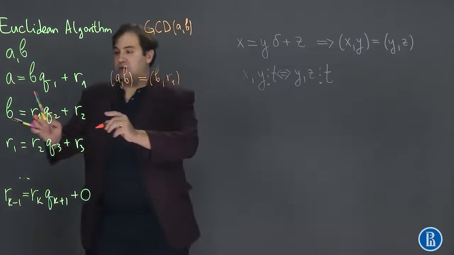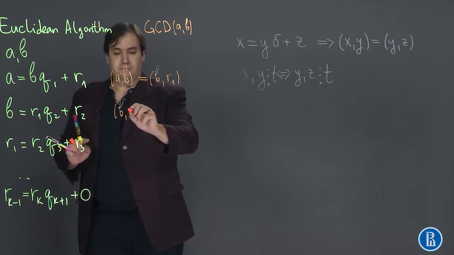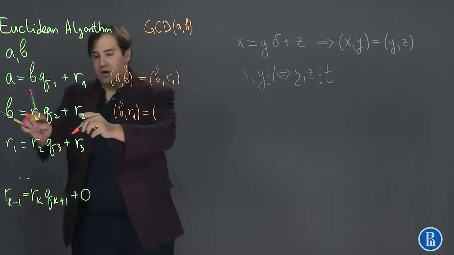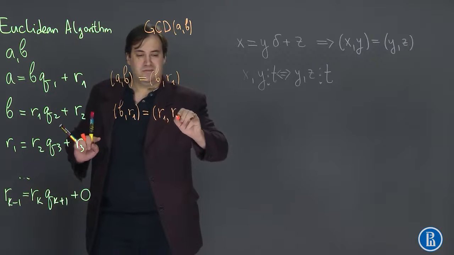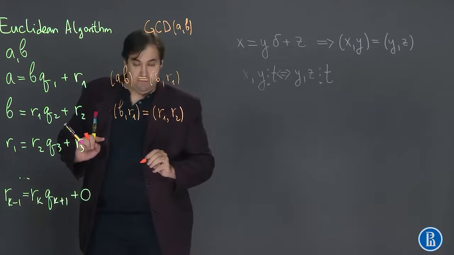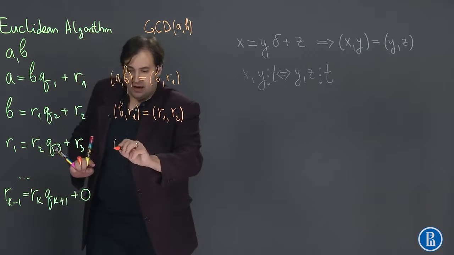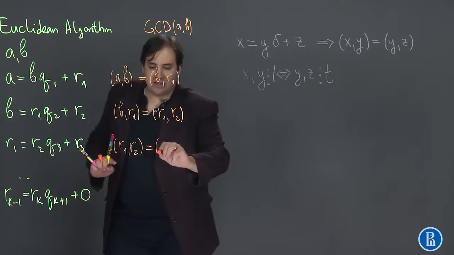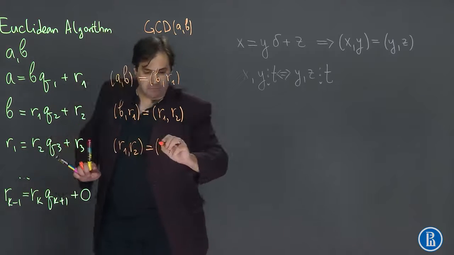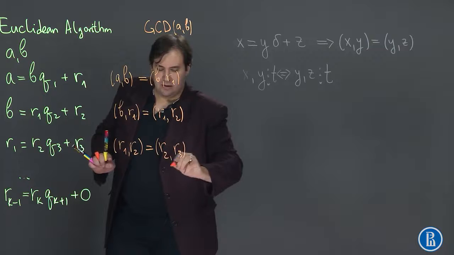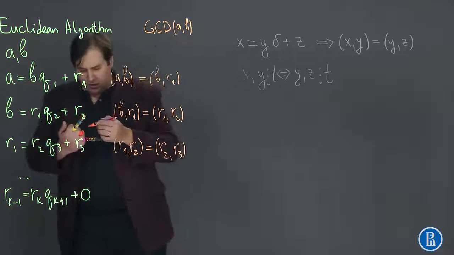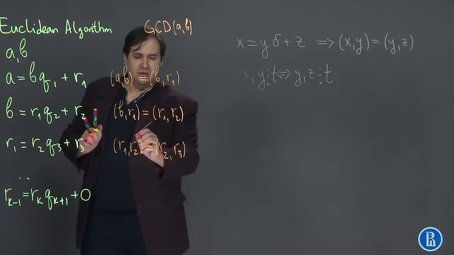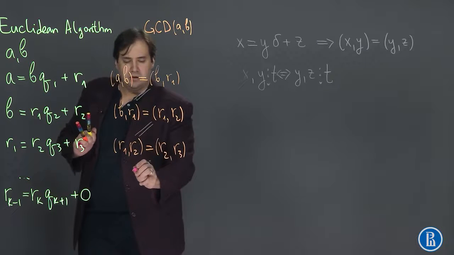The greatest common divisor of B and R1 is equal to the greatest common divisor of R1 and R2. The greatest common divisor of R1 and R2 is equal to the greatest common divisor of R2 and R3. And so on.